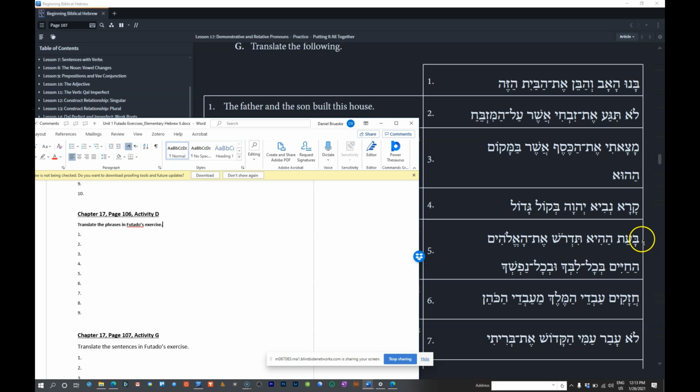So we have at that time, she will seek the living God with all your heart, masculine. That doesn't make sense. If this is 2ms and this is 2ms, then this must be 2ms. At that time, you, masculine singular, will seek the living God with all of your heart and with all of your soul.